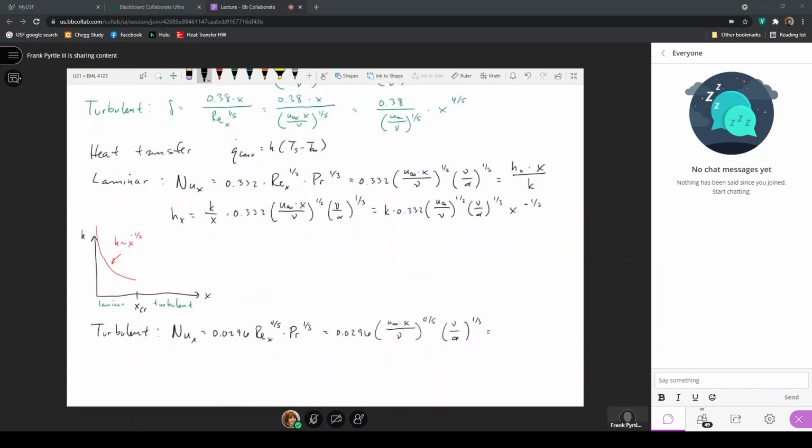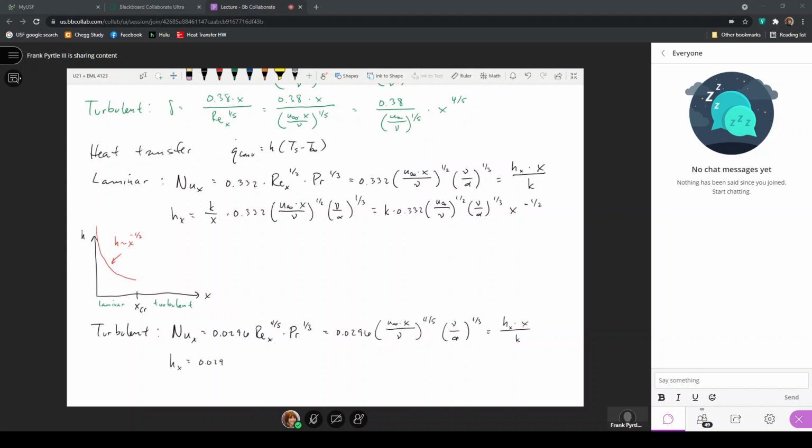And if we set this equal to the definition of the local Nusselt number, this is h sub x times x over the thermal conductivity of the fluid.